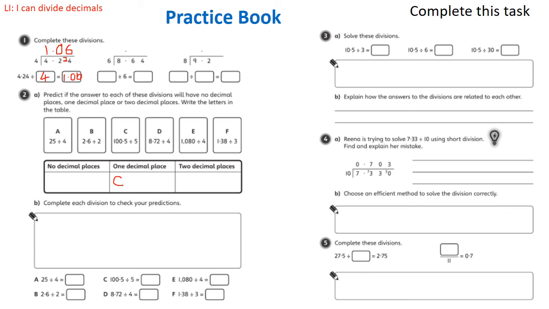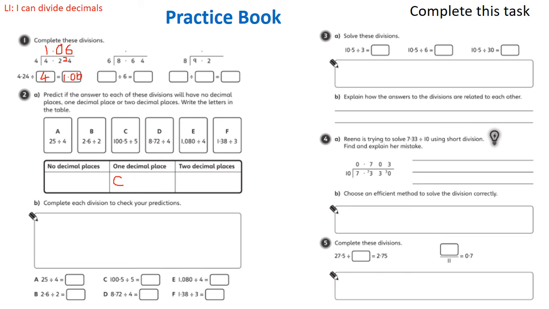Then you need to work out each one. So you're going to have 6 different calculations. If there's not room there, just do it on another piece of paper. And then write in your answers for each of the calculations at the bottom. If we look at question 3, solve these divisions. You will notice that they are all similar in some ways.